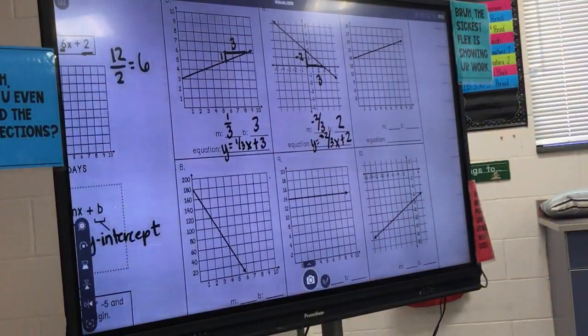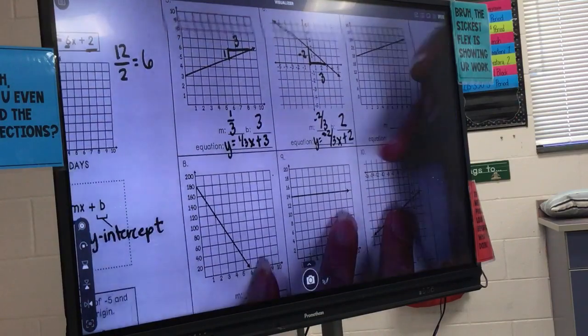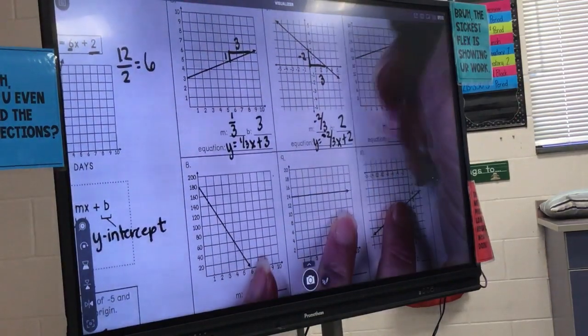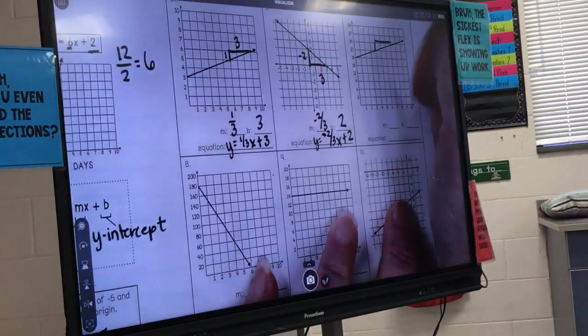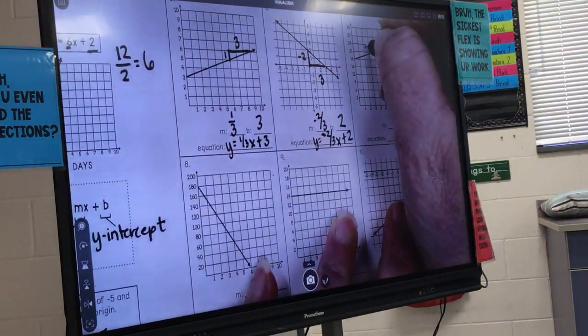How many of you guys put your slope as 1/4? Why is 1/4 not correct? Because you have to simplify it. No, it's simplified. Remember I said be very careful of these graphs, because it's increasing by 3. So instead of 1/4, it's actually 3/4.